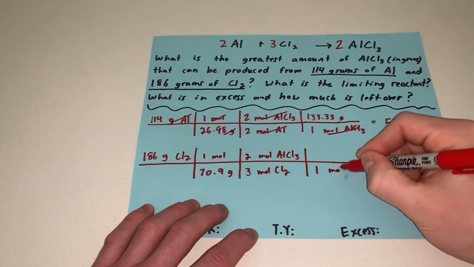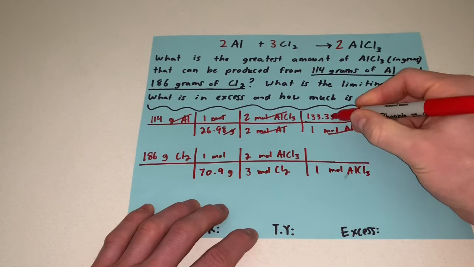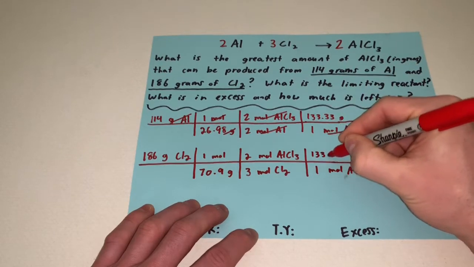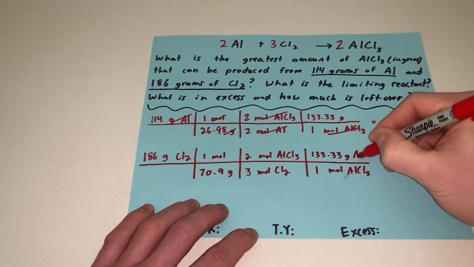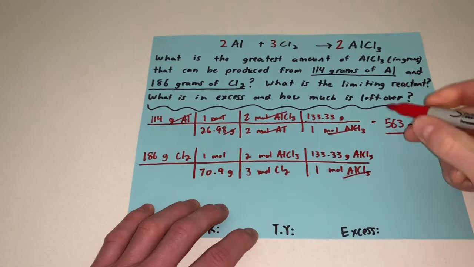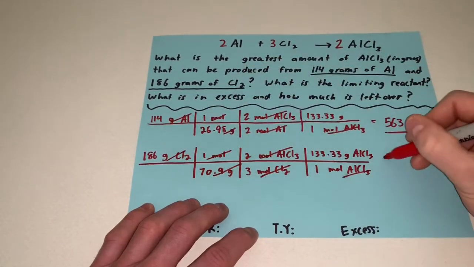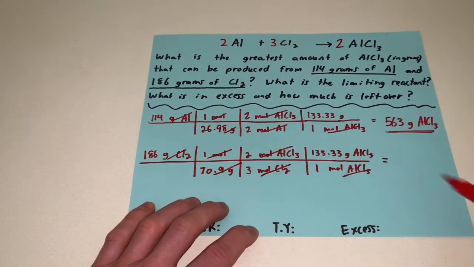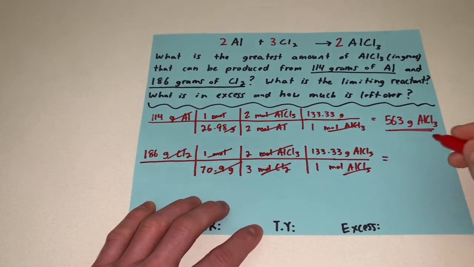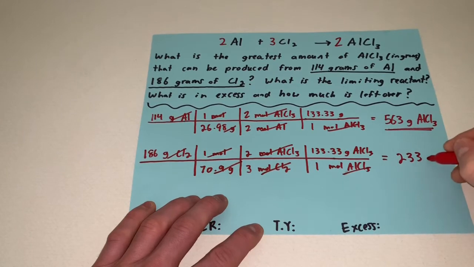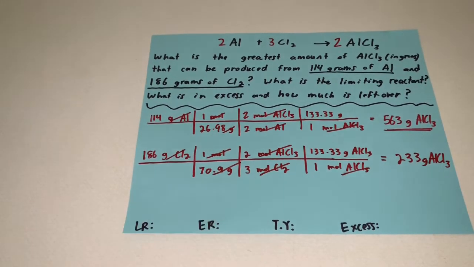And then 1 mole of AlCl3 has a mass of 133.33 grams. Let's cancel out those units. We went from grams of chlorine to grams of aluminum chloride. When we plug that in, we come out to have 233 grams of AlCl3.